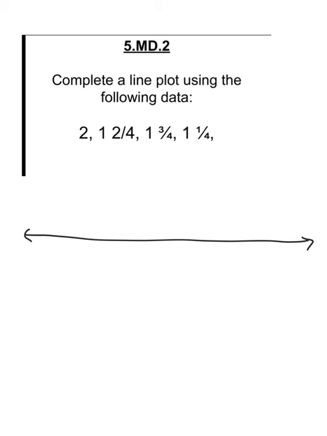Our smallest value is 1 1/4. So really I could start with 1 and just go up to 2 because I don't see anything bigger than 2. In the middle, in between 1 and 2, we have 1 1/2, which you could also express 1 2/4. And then in between 1 and 1 1/2, we'll put 1 1/4.